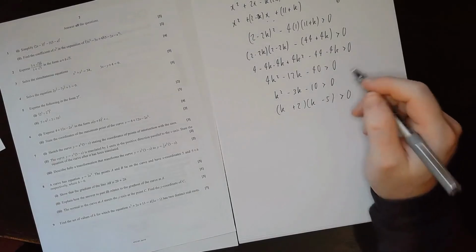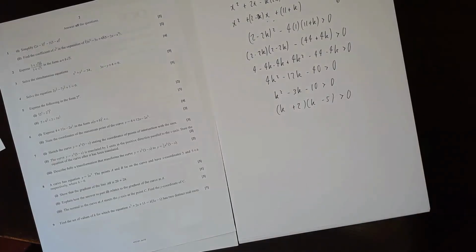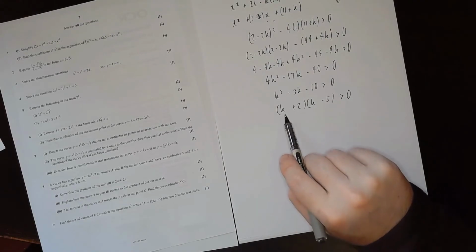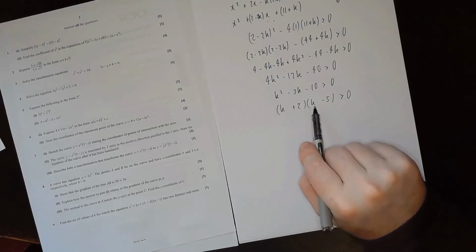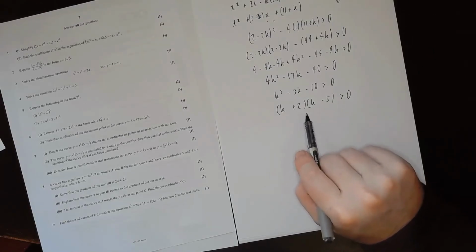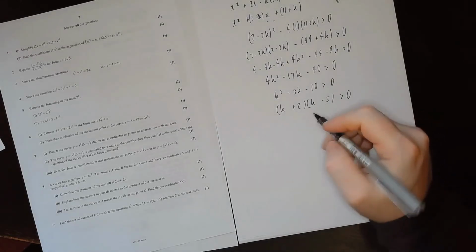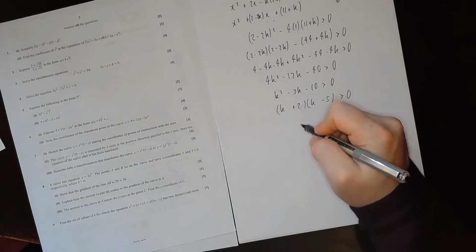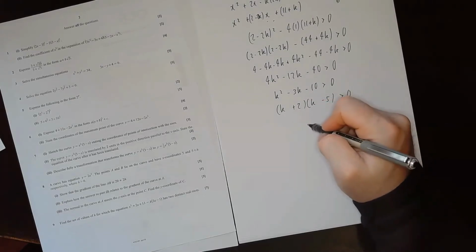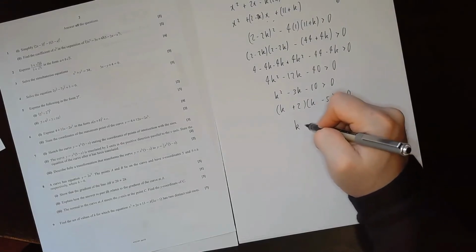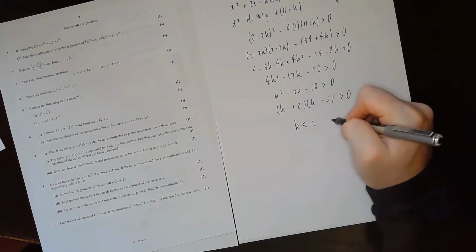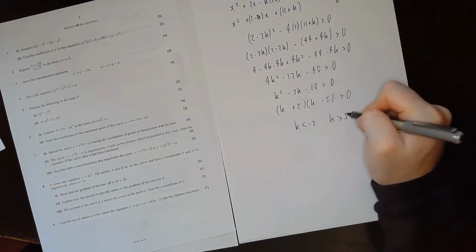So let's have a think. It's greater than 0. So if I took k equal to 0, that wouldn't work, because that would produce a negative answer. So the solution is k less than minus 2 and k greater than 5.